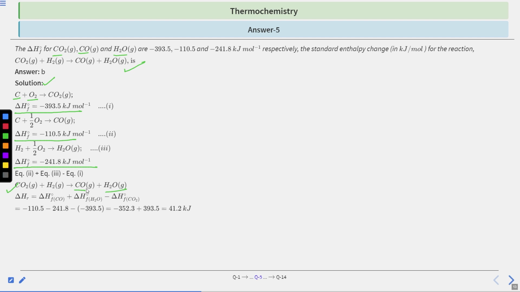So enthalpy of formation of CO plus enthalpy of formation of H2O minus enthalpy of formation of CO2. Putting the values which are given already in the question, after subtracting and adding, it is coming out as 41.2 kilojoule. Hence option B is the correct answer.